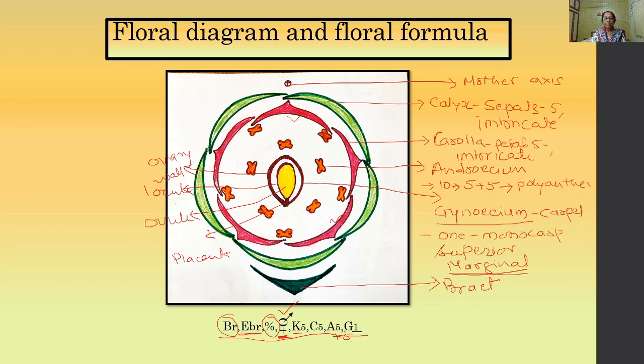Then gynoecium, only one carpel, that is monocarpellary, superior ovary is present. So, this is the floral formula, which shows the representation of the floral structure of this particular family, Caesalpiniaceae, and the genus Caesalpinia pulcherrima.